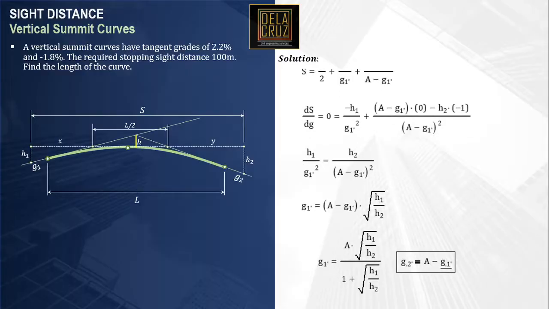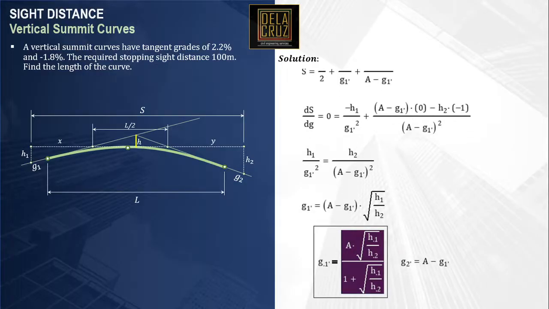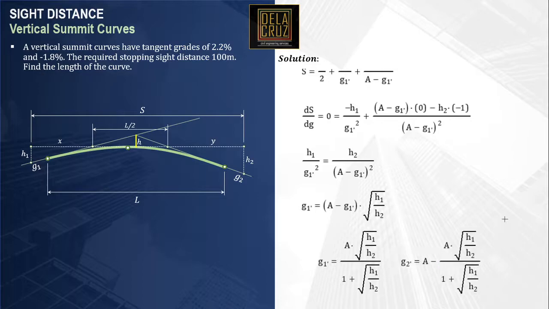But G1 prime is this equation. So this is how long you do it if S is greater than L. This is for the manual solution.